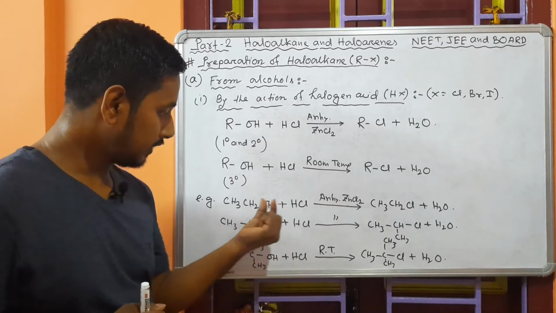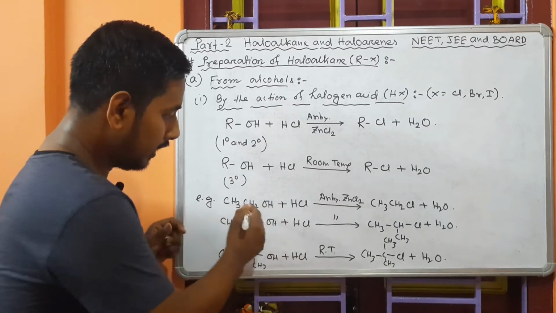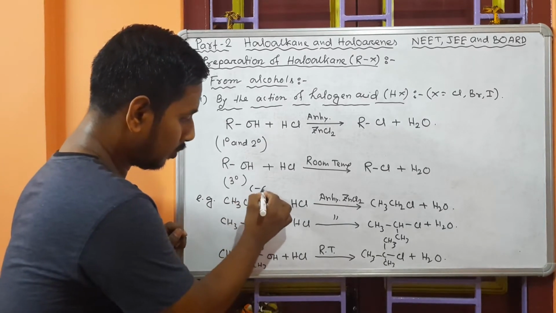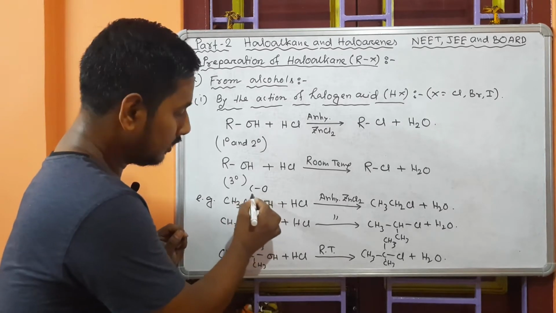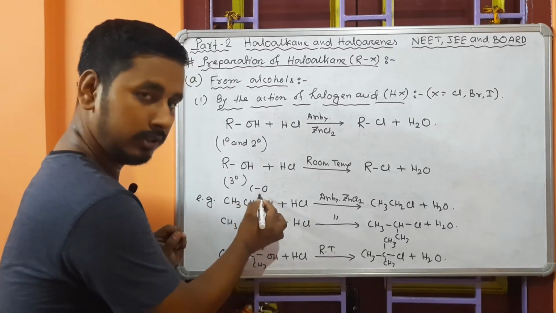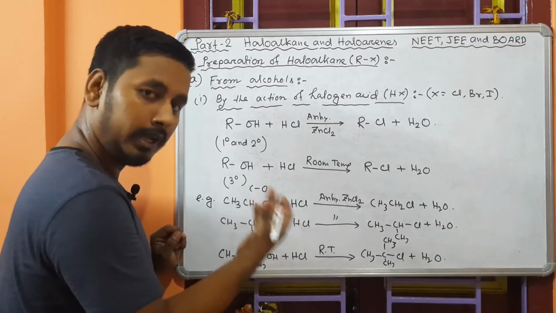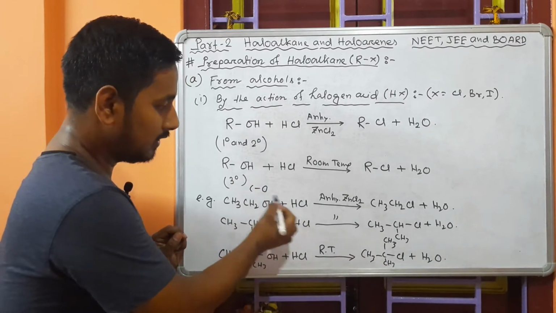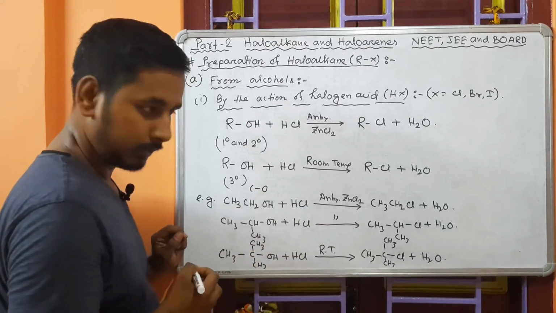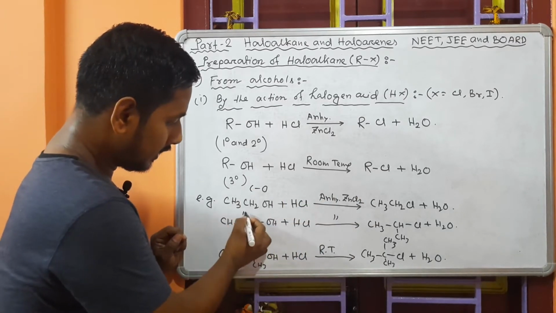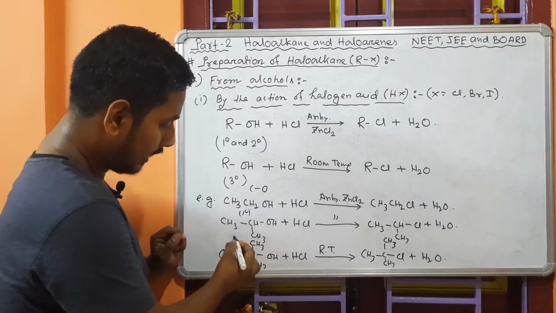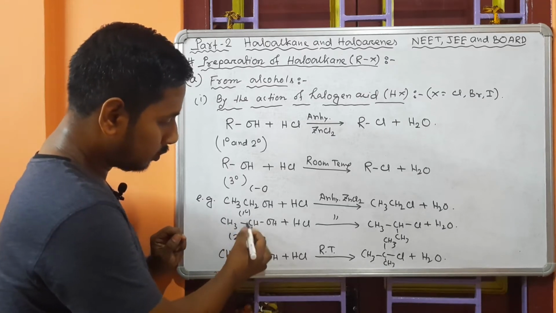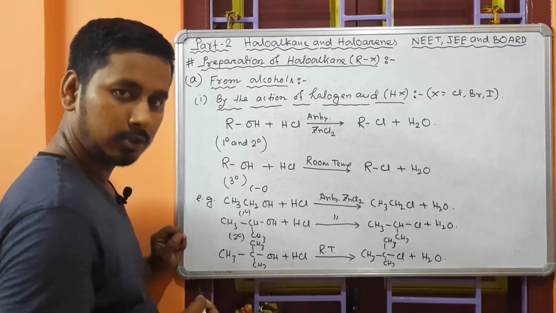It first reacts with this C-O bond, and this bond can very easily break down, so that a C-Cl bond will form. Okay, so this is actually for the case of primary, and this is secondary. For both cases, anhydrous ZnCl2 is required.